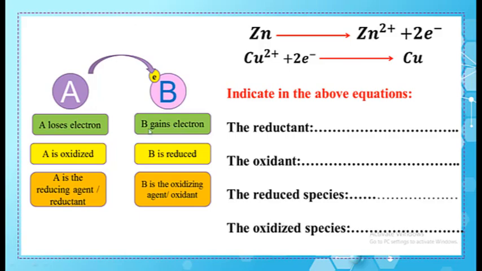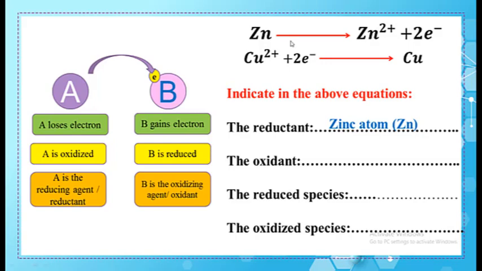To start with the reductant, you should remember that the reductant is the species that loses electrons, meaning it undergoes oxidation half reaction. So here, the first one is the oxidation half reaction. So the species that is reductant is the zinc atom. The oxidant is the species that gains electrons, so it undergoes reduction half reaction.